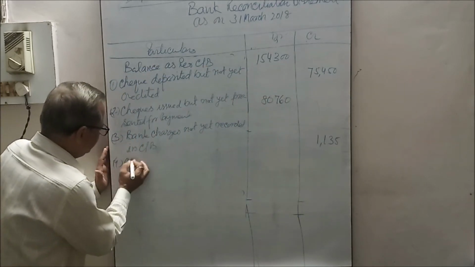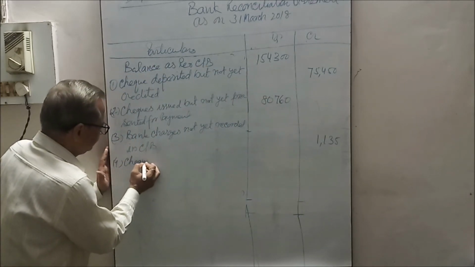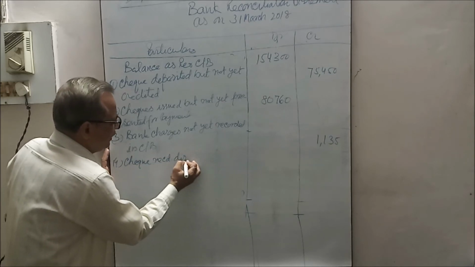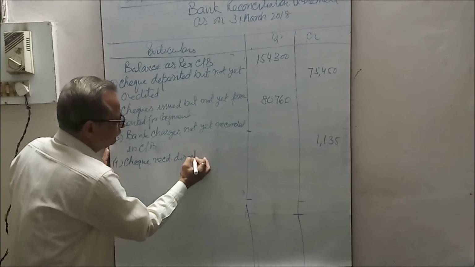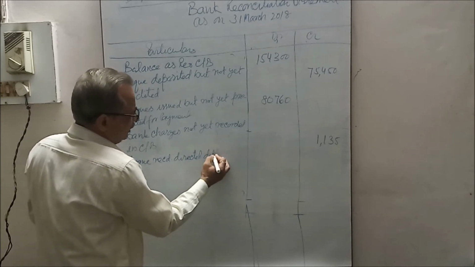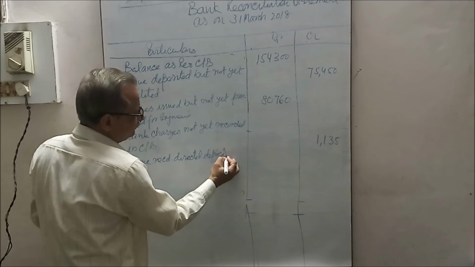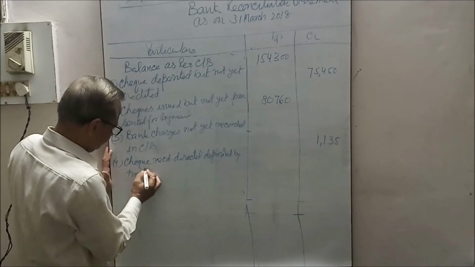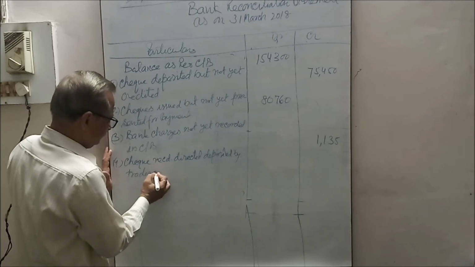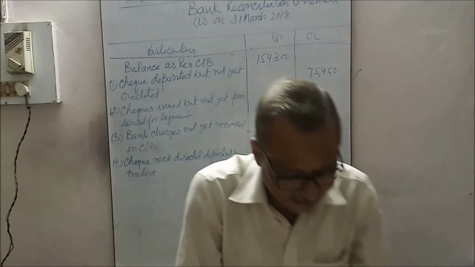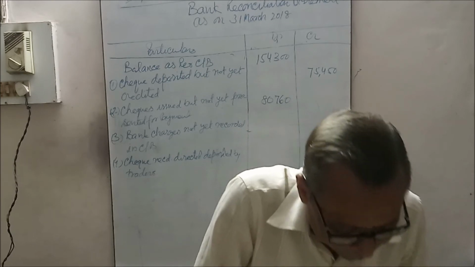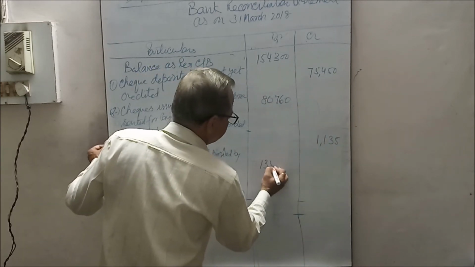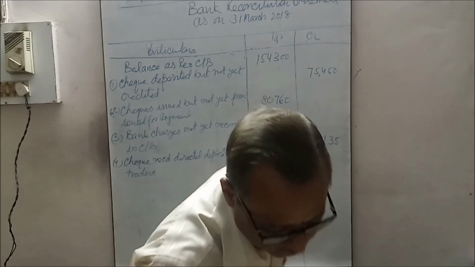Checks received directly deposited by traders should be debited in the cash book. One lakh 35,200.